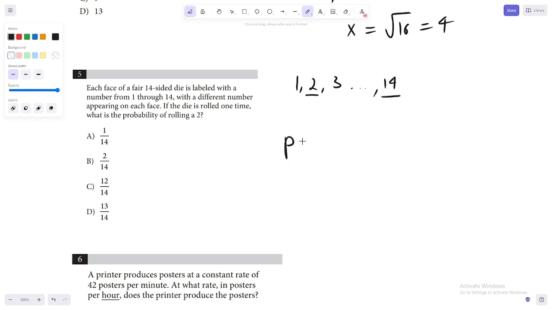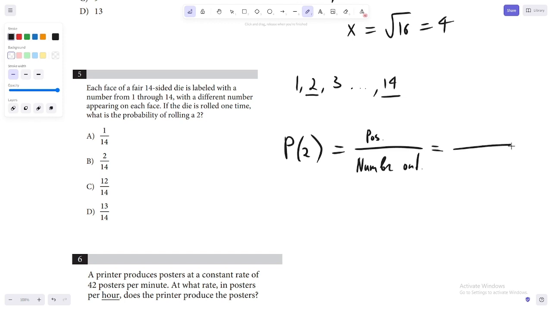So, to find the probability of rolling a 2, we need to find the number of possible outcomes and the possibility of rolling a 2.